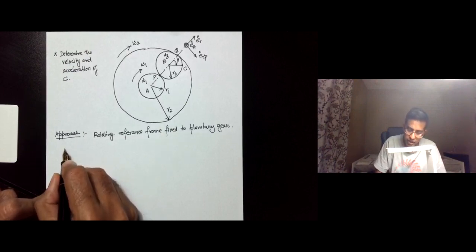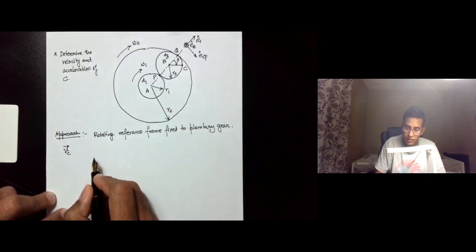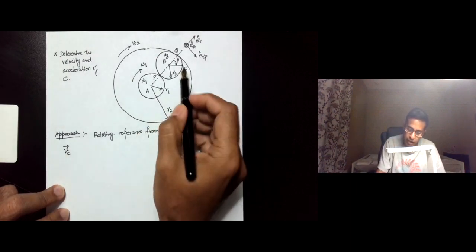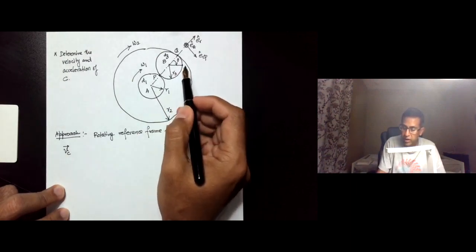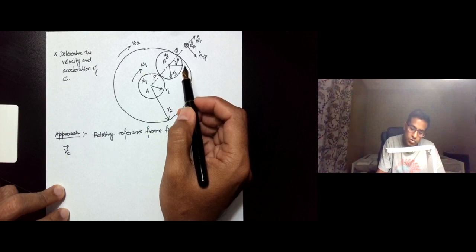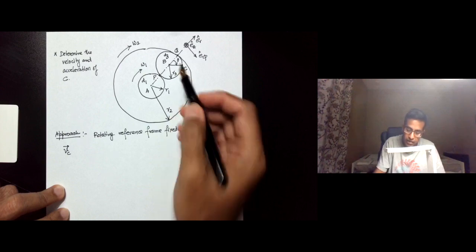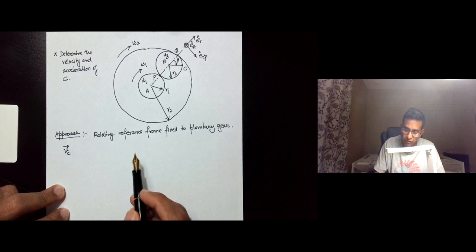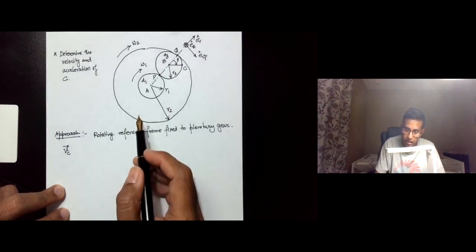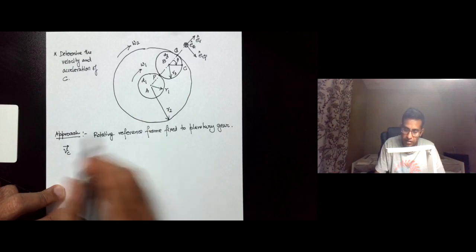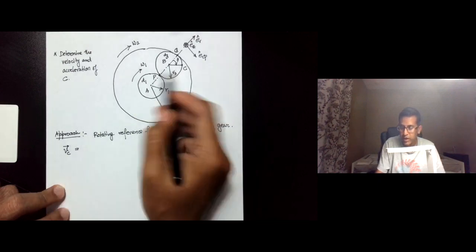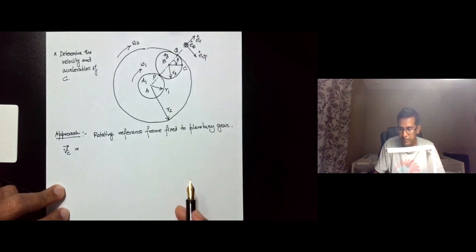In any case, we are directly going to jump to the velocity. So velocity Vc is going to be equal to, so we are going to use a reference point to express the velocity equation of C. In a rigid body, you can take any 2 points and express the velocity of one with respect to the other.